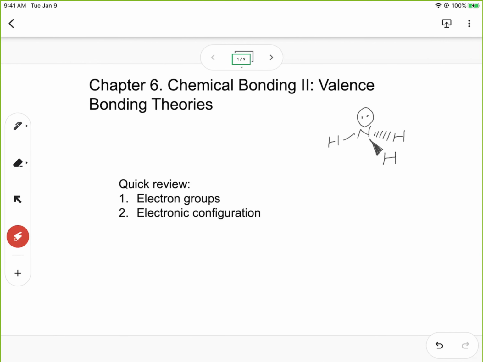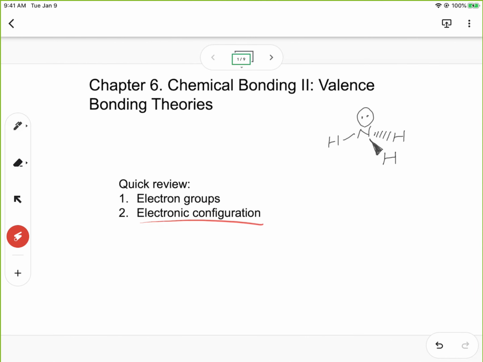And when we talk about electron groups of central nitrogen, there are 4 electron groups for nitrogen: 3 N-H bonds and 1 lone pair. In other words, when we consider the number of electron groups, we need to consider both chemical bonds and lone pairs. So that's the electron groups.